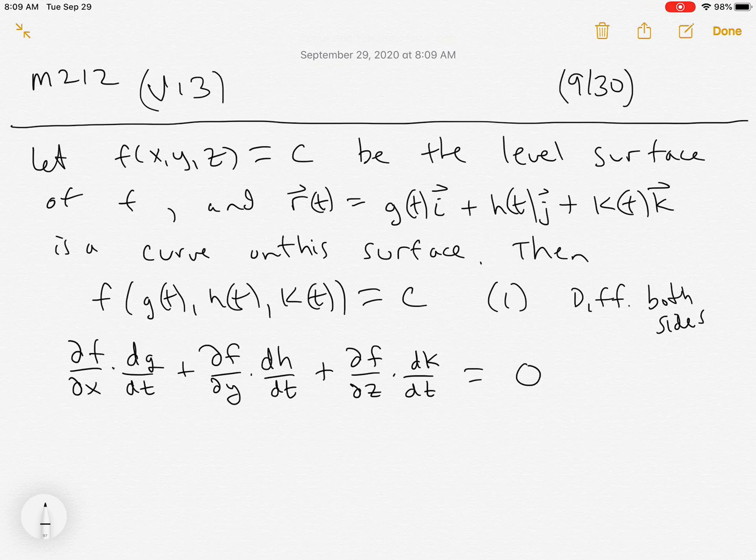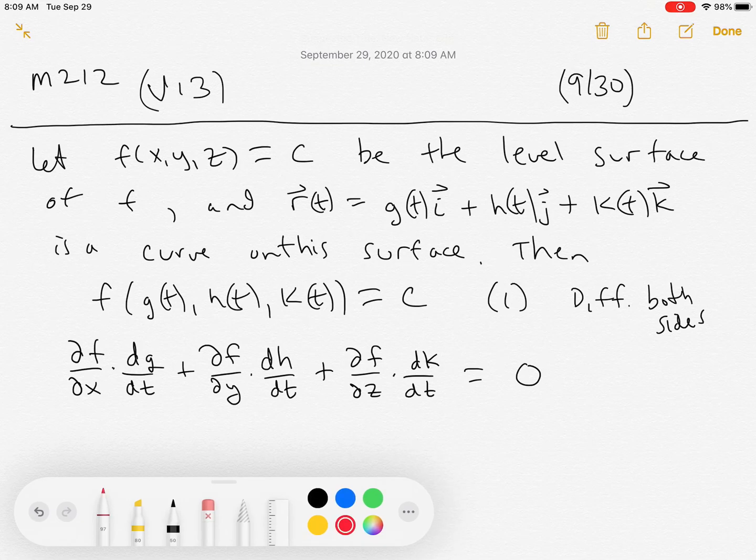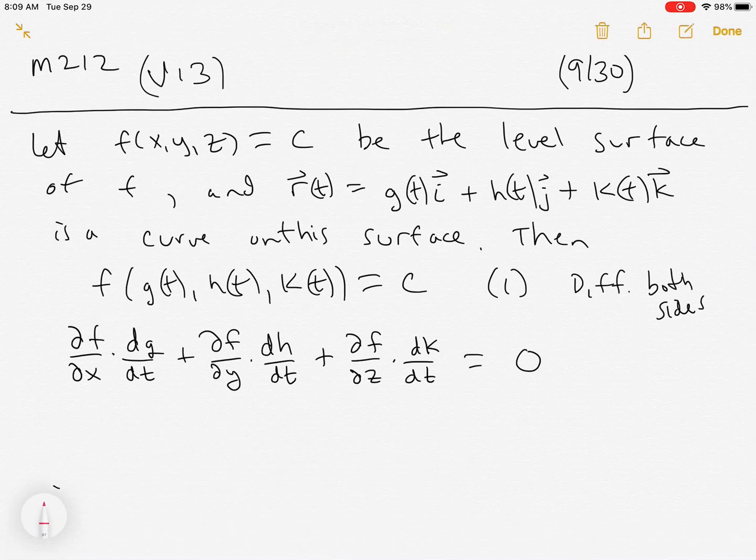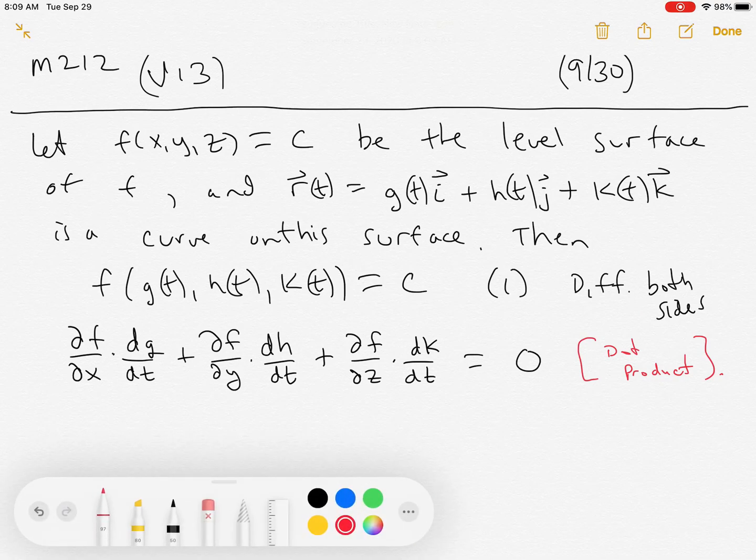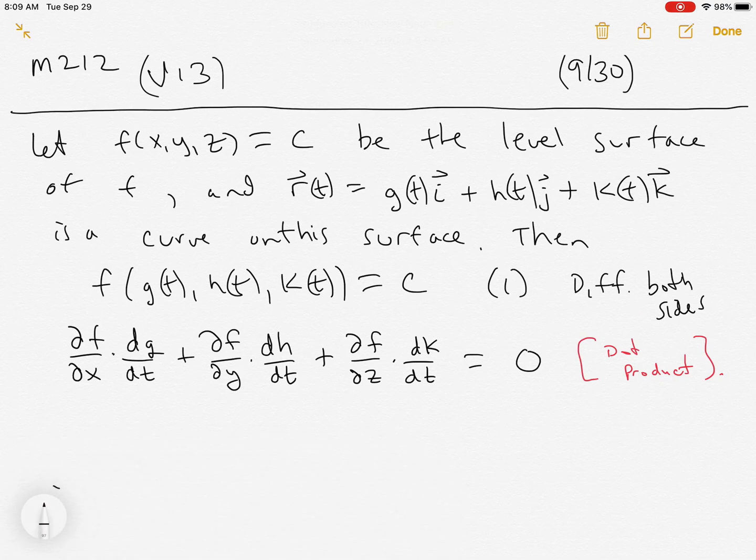Okay, so we saw this before, this is a dot product, so let's write it as a dot product. On the left here we have this guy, and this guy, so that's del f.